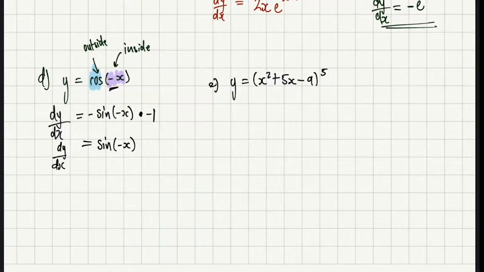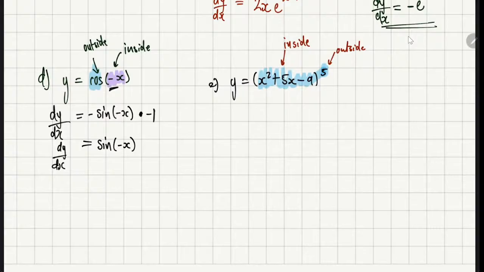dy dx. First thing you must recognize is this is not a polynomial because we have something inside and we have another power on the outside again who's affecting everything. And our inside is this. And this is obviously the outside. So, how do you differentiate?